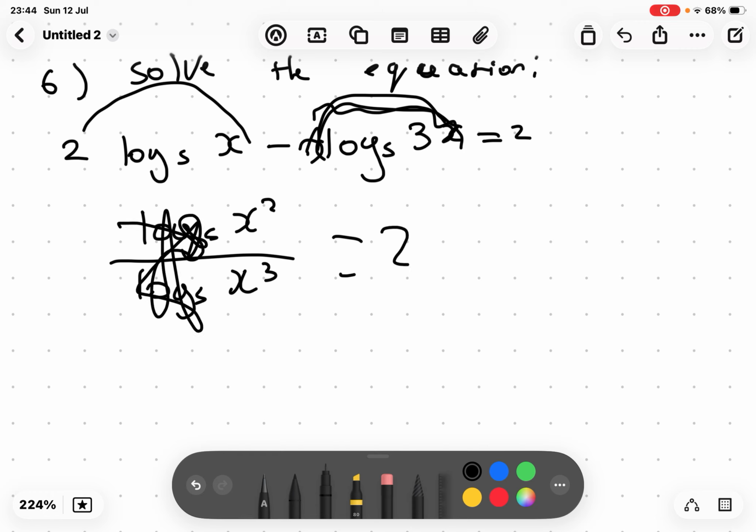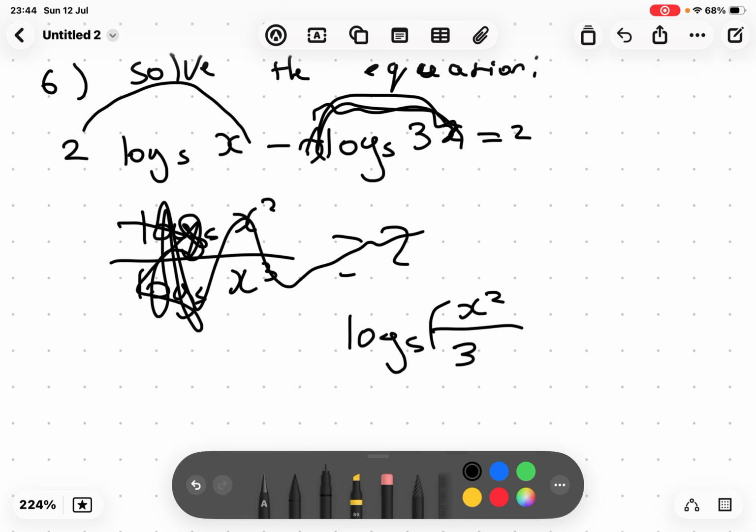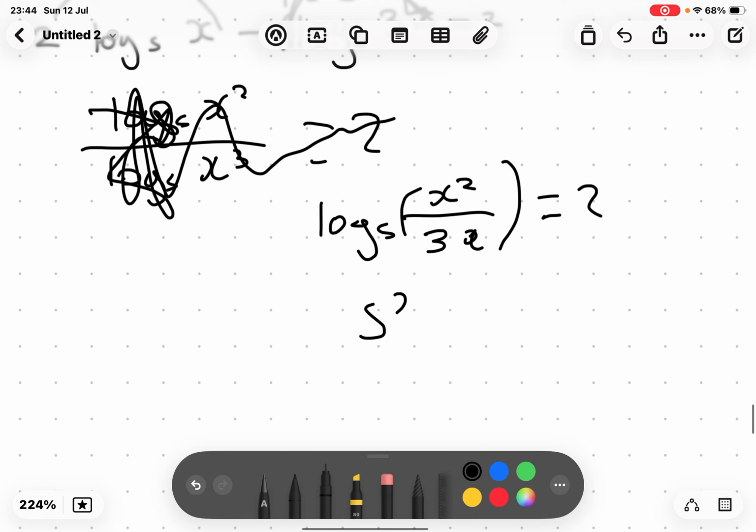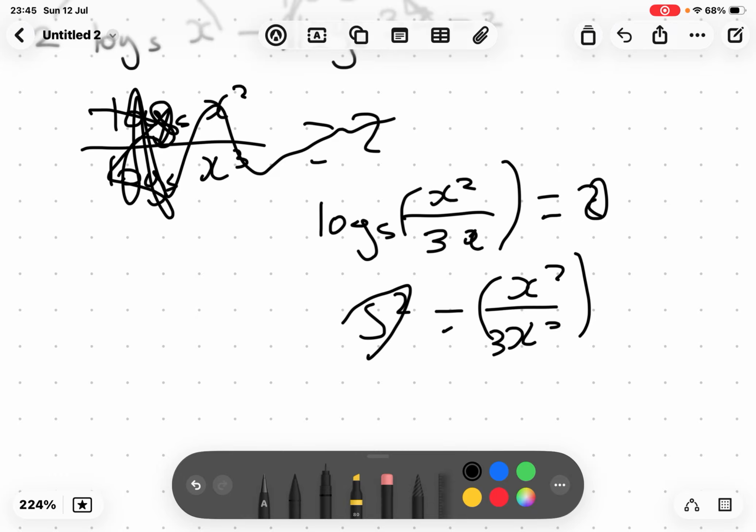The logs can cancel, like they don't matter in this situation. Oh no, actually, they don't exactly cancel, so this is what we do. Log 5x times 3x equals 2. We know that 5 to the power of this is 25.